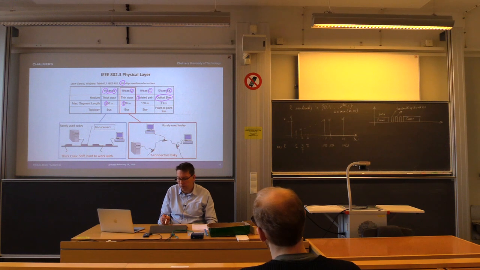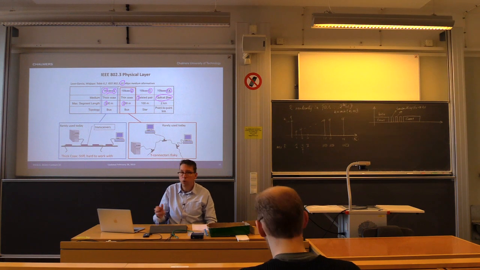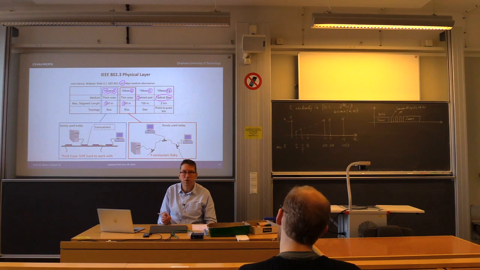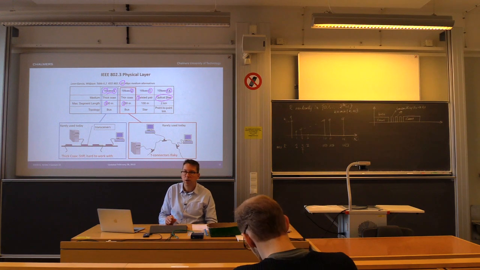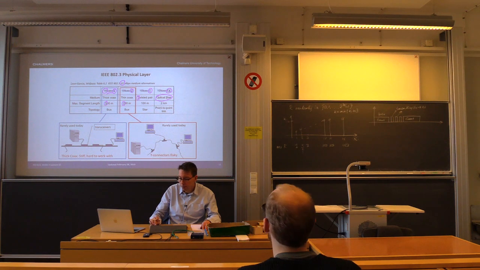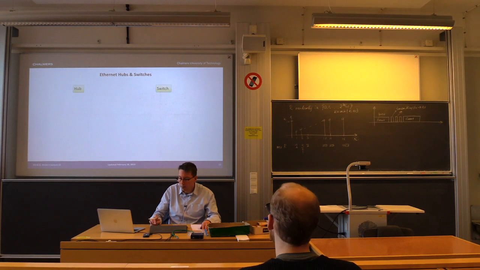And this one was a little bit better, but these connectors were kind of flaky. So there are no new deployments of either of these. This is all historical stuff. I'm sure there's some Ethernet somewhere that still has this, but most of it is already ripped out, so it's not used anymore. So the next standard that came, okay.